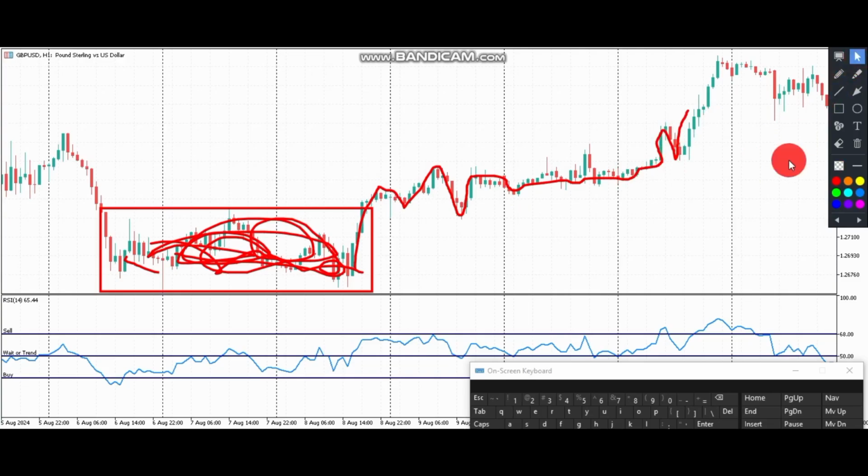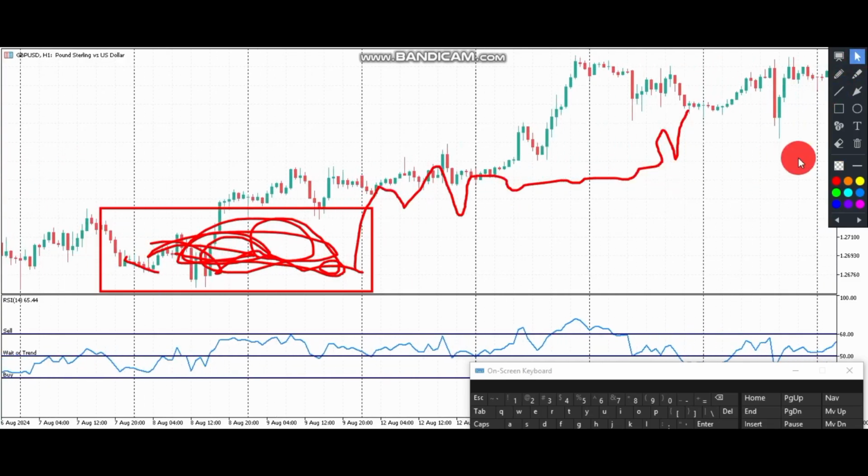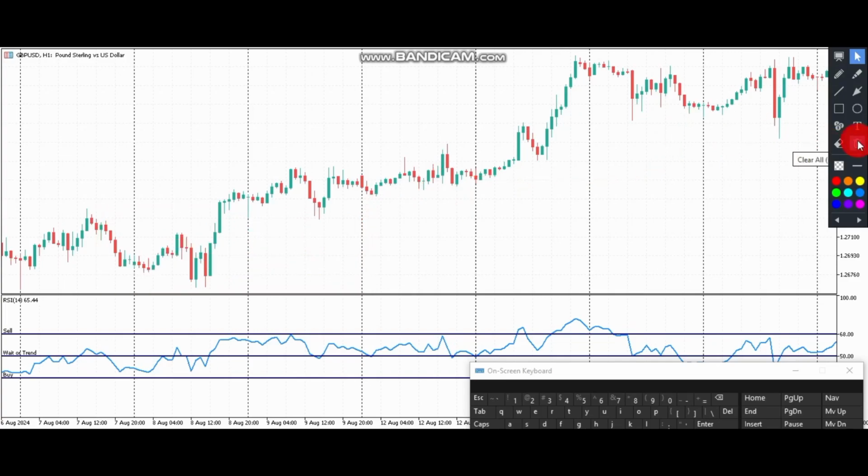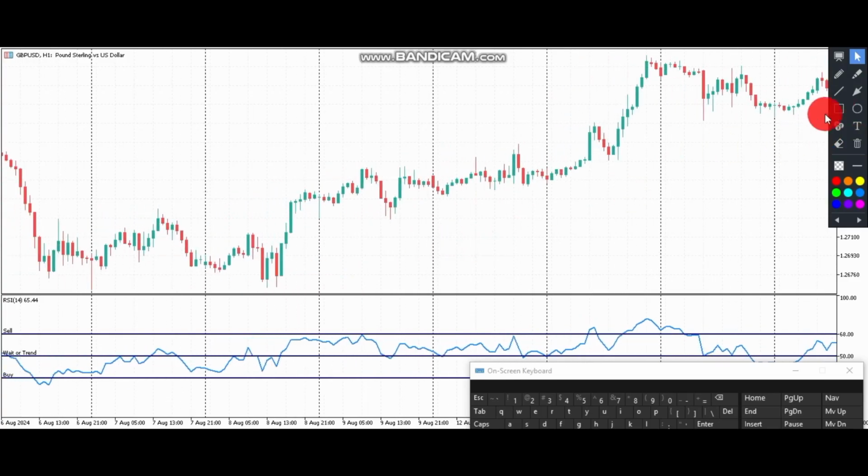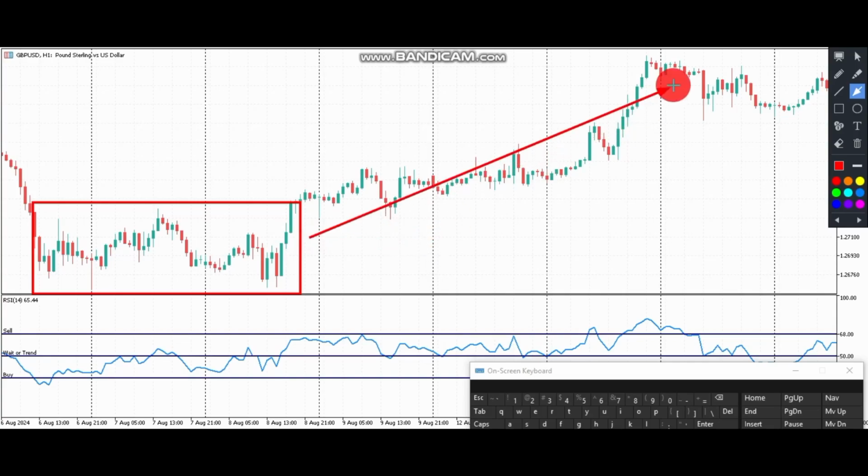From there we discover that price began to buy. After this particular place, price began to buy.